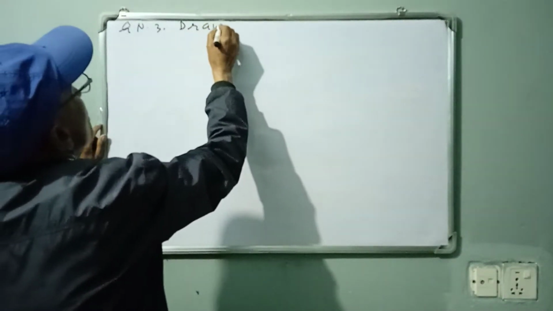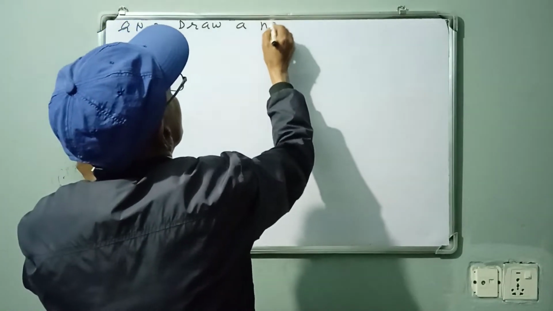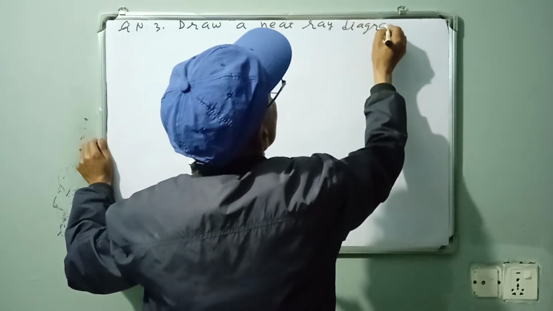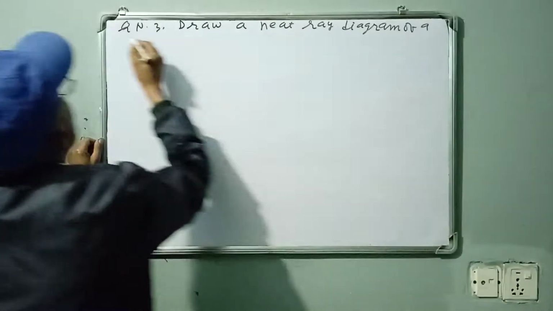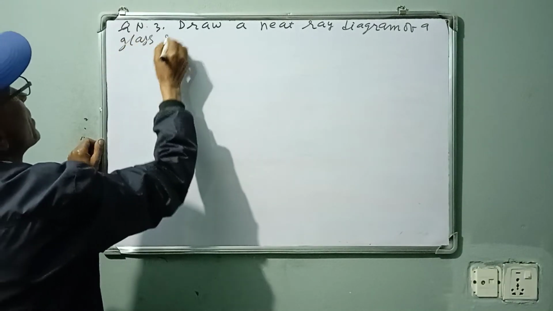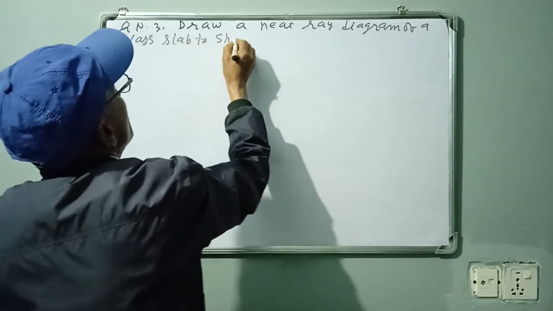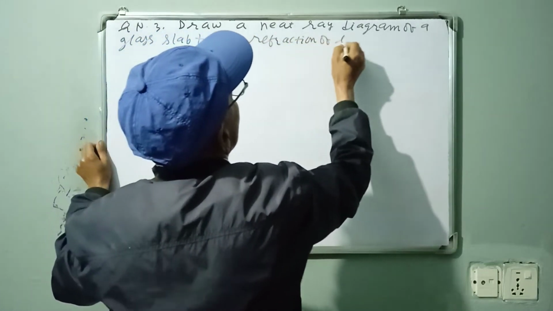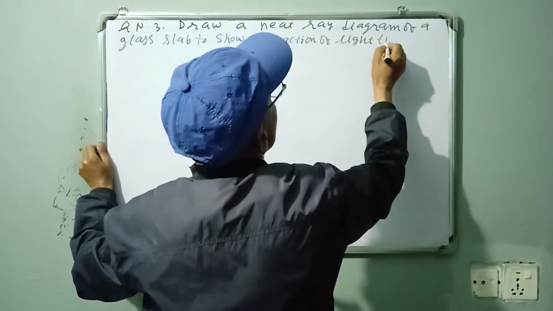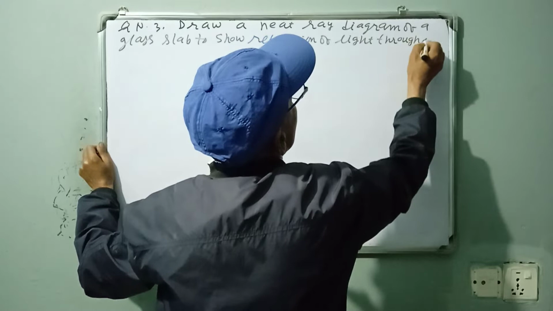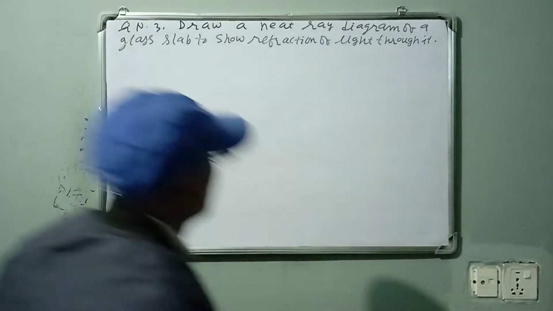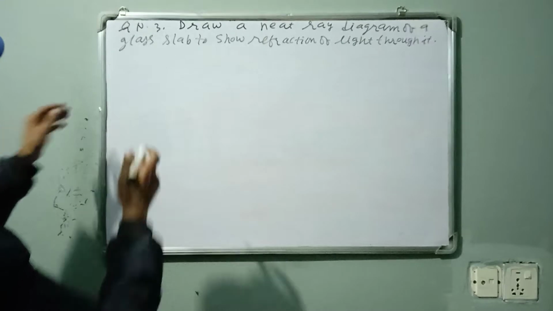Draw a neat ray diagram of a glass slab to show refraction of light through it. How to draw refraction of light through it?